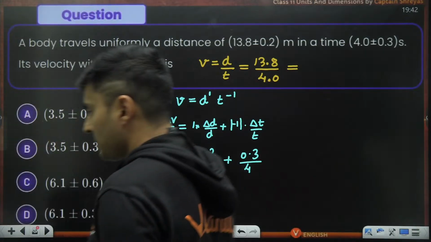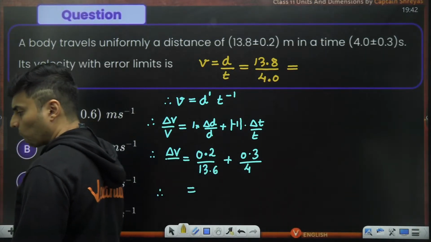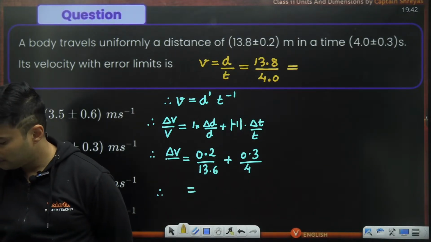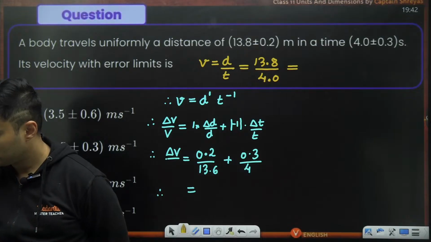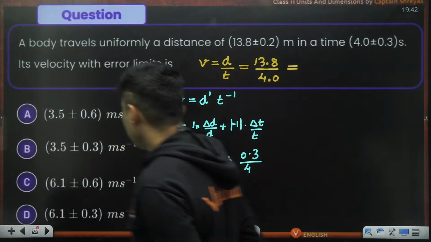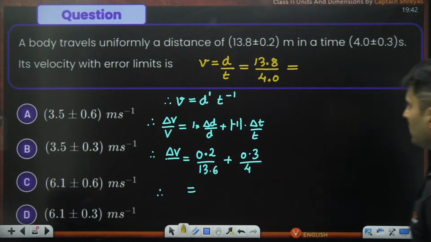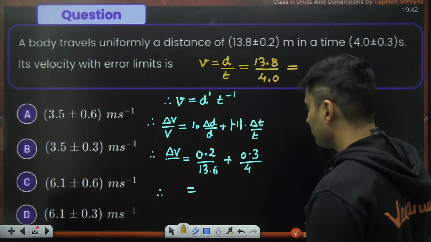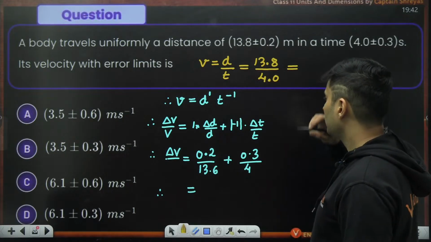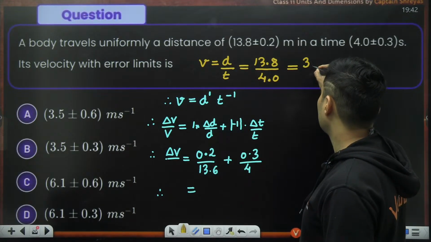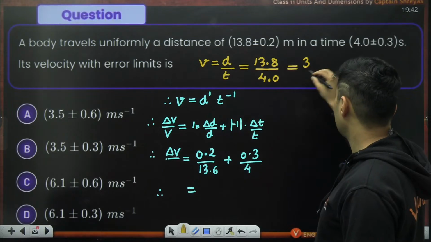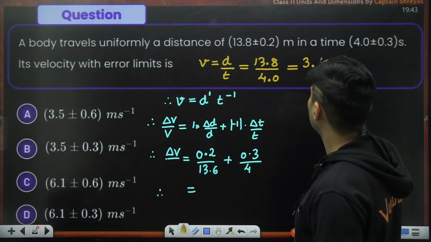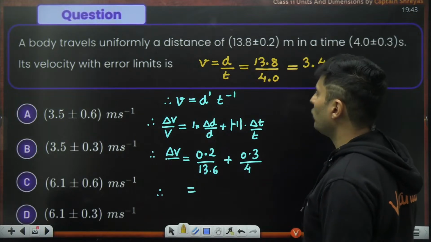Come on, my dear students. How much is it coming out to be? Everyone, figure it out. Definitely not 6.1. I think it will be 3 point something. How much is it? 3.45, I believe.